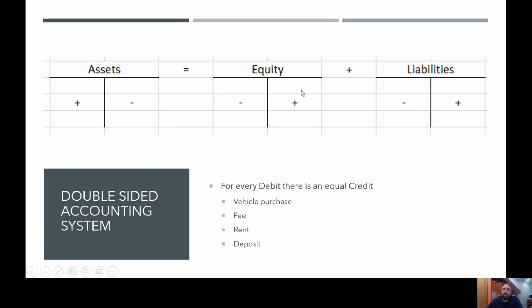Now I will move that 100,000 Rand out of liabilities and put that under equity as a positive, because now I, as the shareholder, have actually gained in value because I have a car and I don't owe any money for it. So my value is now 100,000 Rand.